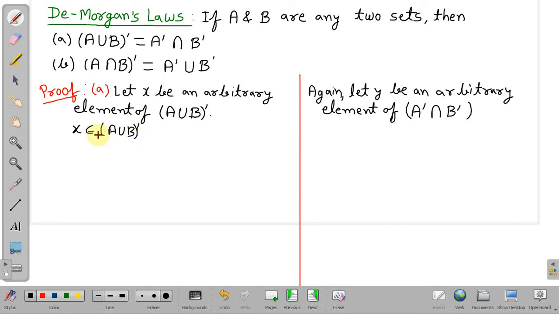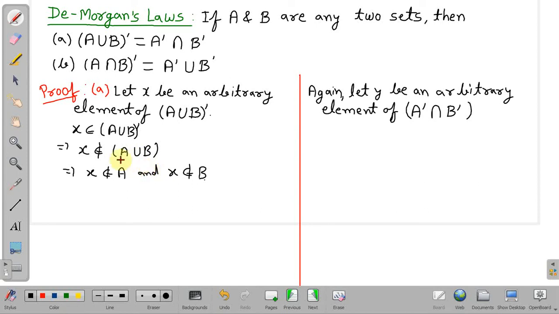Okay, so if it is an element of this complement, we can say that x will not be an element of A union B, and this we can write as x is not an element of set A, and x is also not an element of set B. See, here it is union, but we are writing and.